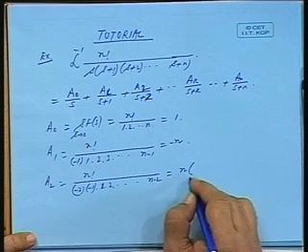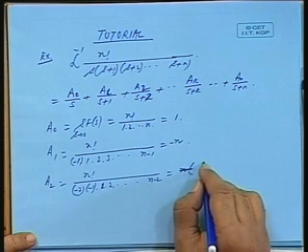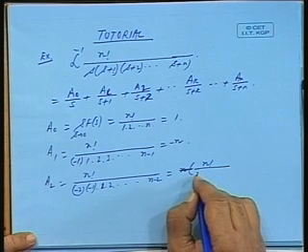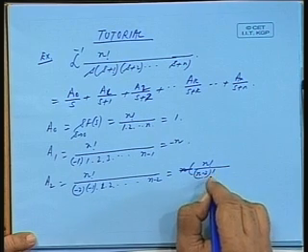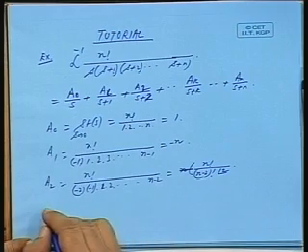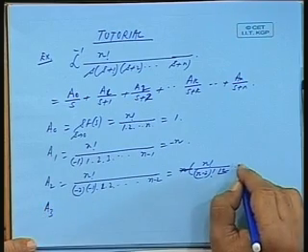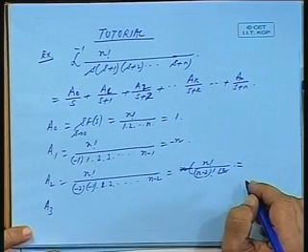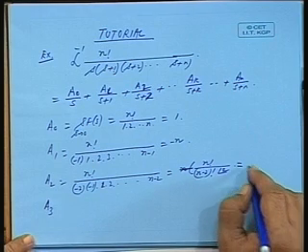So, factorial n divided by factorial n minus 2 into factorial 2. You can identify this as nC2.